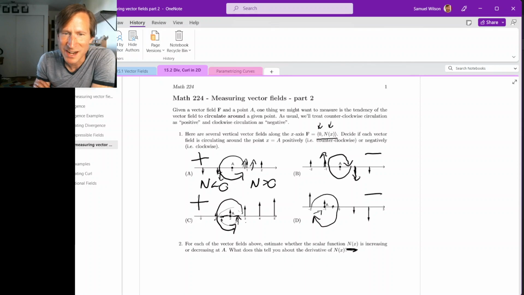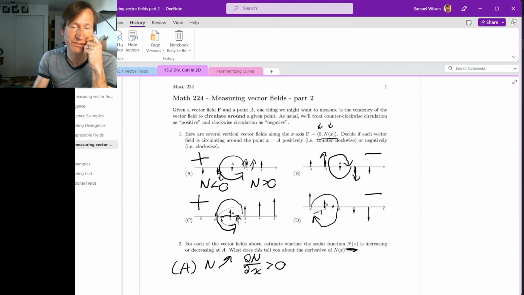And so as we move rightwards, n is going from negative to positive. So in example A, n is increasing, and that means that the derivative of n with respect to x is positive. And notice that this is with respect to x because we're moving in the x direction as we do this.